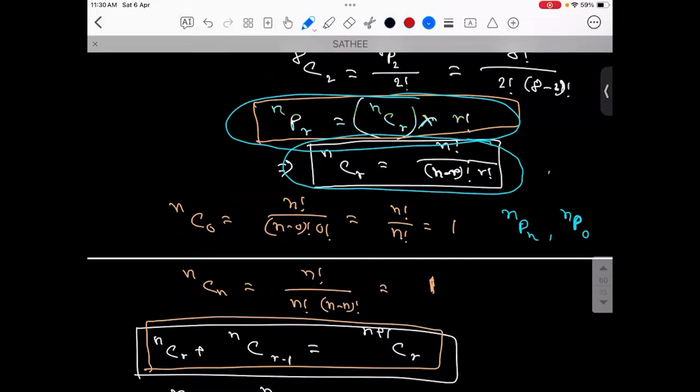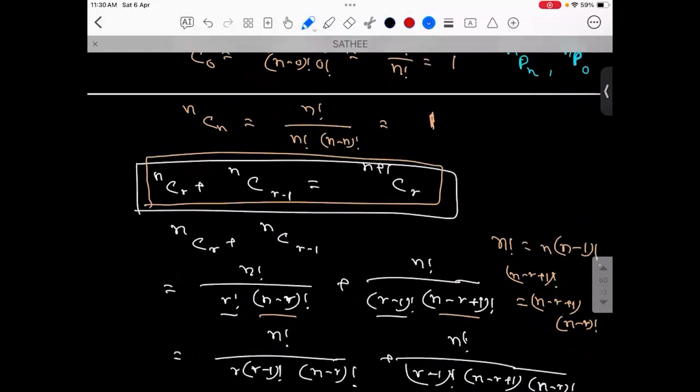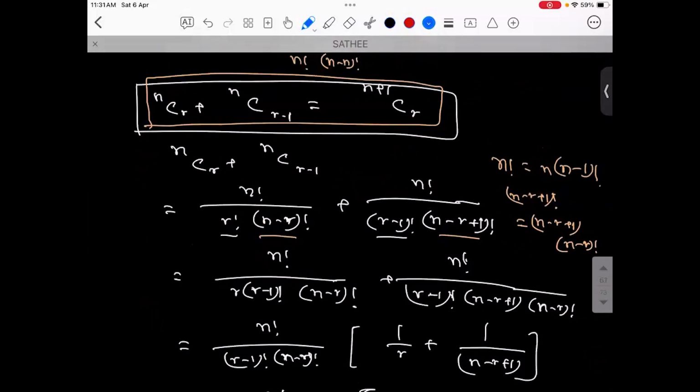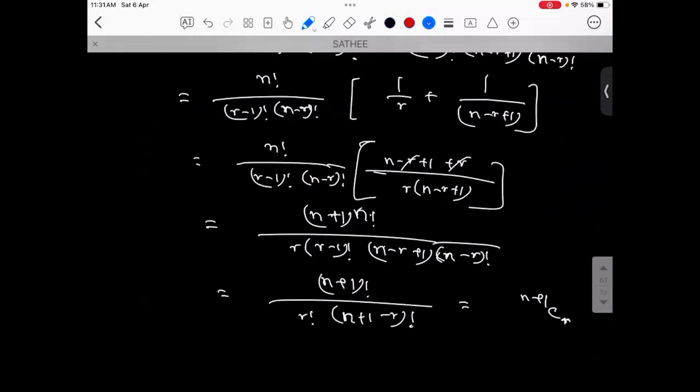I mean, you have to choose zero elements from n elements, and this case can come up. So for that purpose, you need to be aware of NCN, NPN, NC0, and NP0, all these cases. After that, we learned one formula, that NCR plus NC(R minus 1) equals (N plus 1)CR, and we proved that statement.